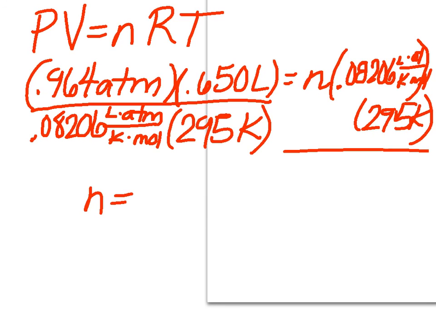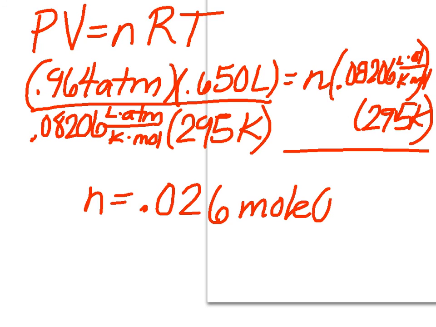So n is equal to open parentheses 0.964 times 0.650, close parentheses, divided by open parentheses 0.08206 times 295, close the parentheses, and we get 0.026 moles of oxygen.